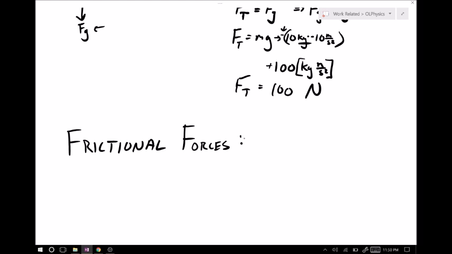So a frictional force is what I'm going to call a resistive force. And it depends on the surfaces of materials.